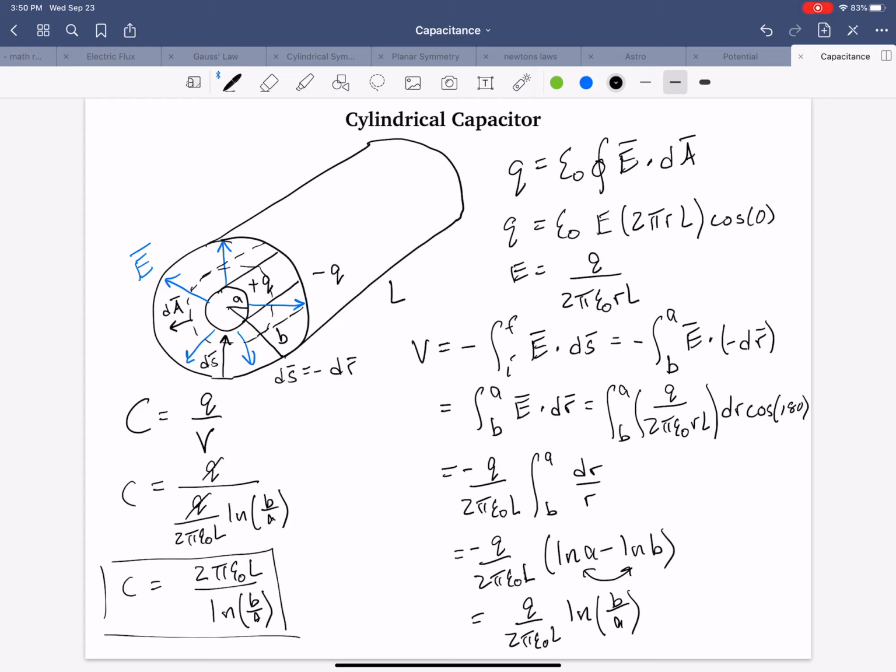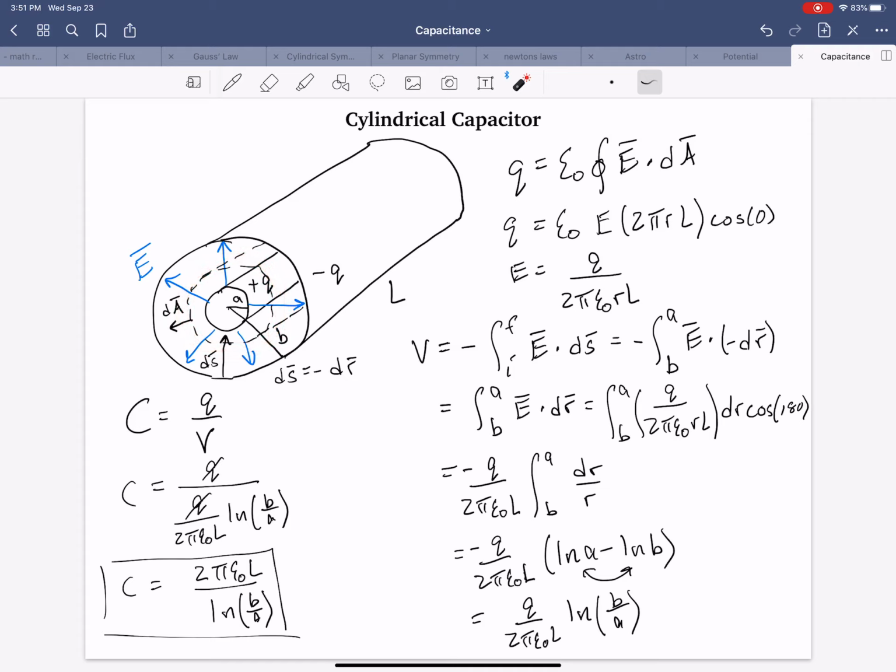Now notice, if we increase the length of this capacitor, it gets longer, there's more room for these charges to be stored. So the capacitance increases. They're directly proportional. The spacing in between the plates, well, if we decrease that spacing, so if this central plate A has a bigger radius, the separation in between the two decreases.